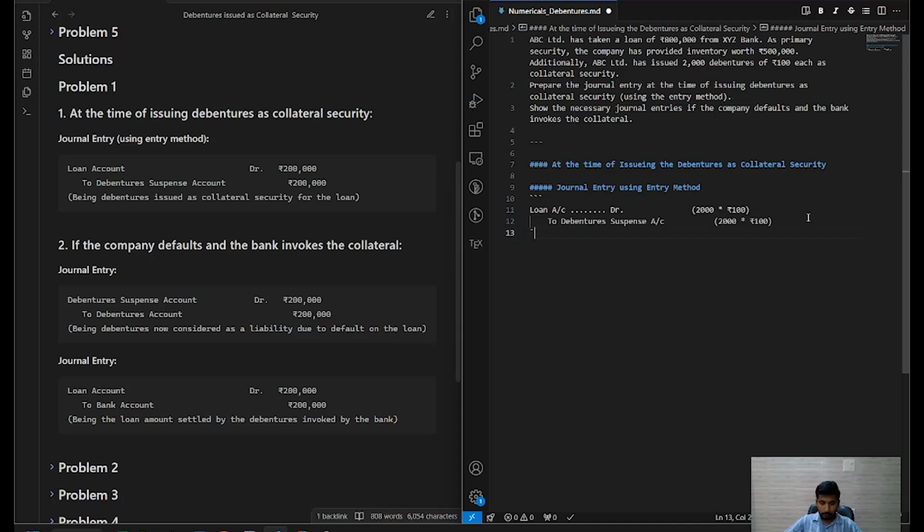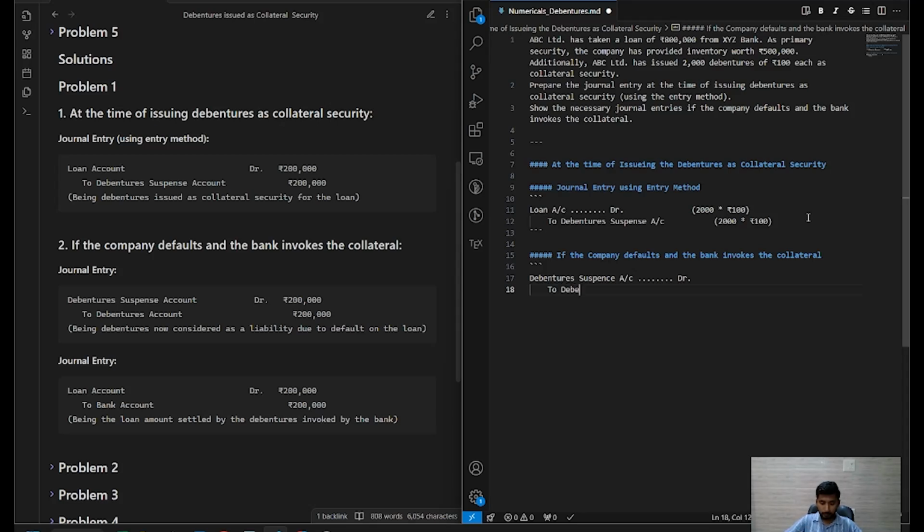After that, if the company defaults and the bank invokes the collateral, in that case, the journal entry would be debenture suspense account debit to debentures account.